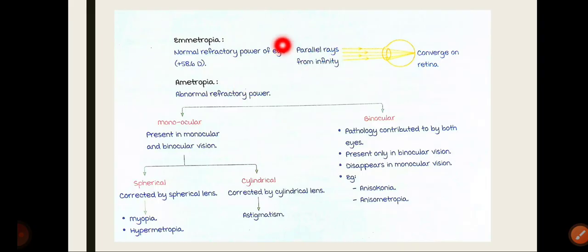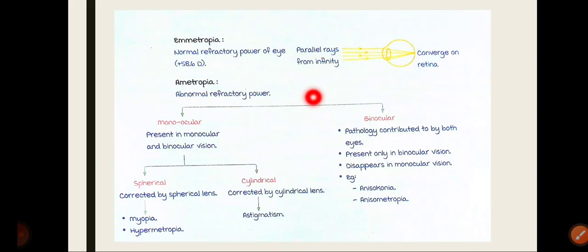Firstly, we discuss emmetropia. This is the normal refractive power of the eye, that is plus 58.6 diopters. Emmetropia means an optically normal eye.